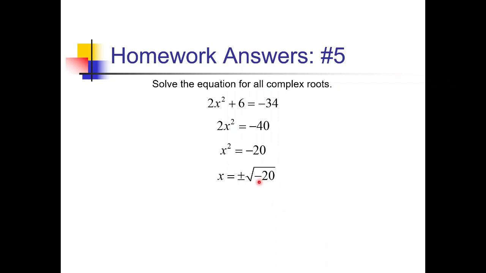Since I have a negative inside the square root, I need to take that out as an i, so plus or minus i radical 20. And then 20 is not fully simplified because I can break it up into a perfect square of 4 times 5, both inside square roots. Square root of 4 is 2, so this is going to be plus or minus 2i radical 5.